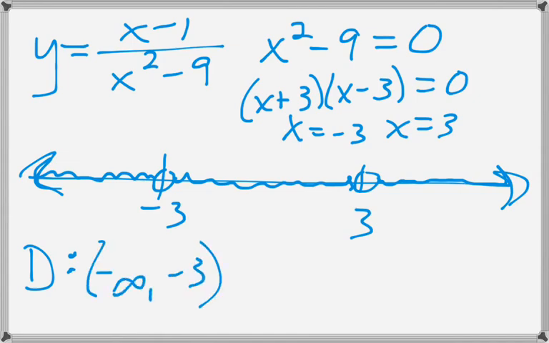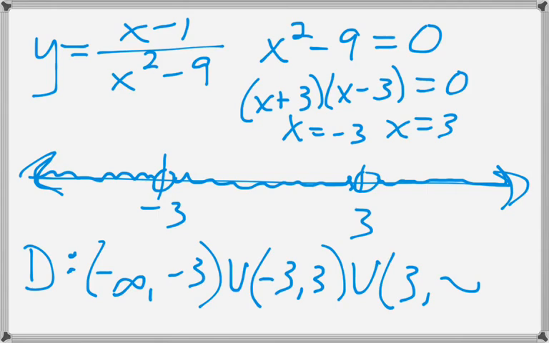Everything less than -3, everything between -3 and 3, and everything to the right of 3. Note that we're using parentheses and not brackets, because a bracket would include the number, and the whole point here is to exclude those two values.